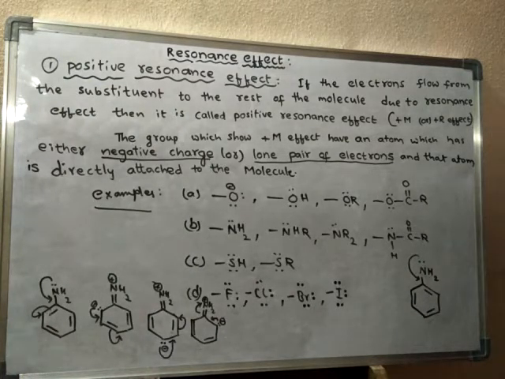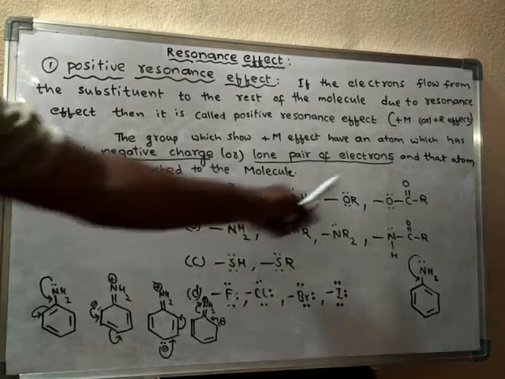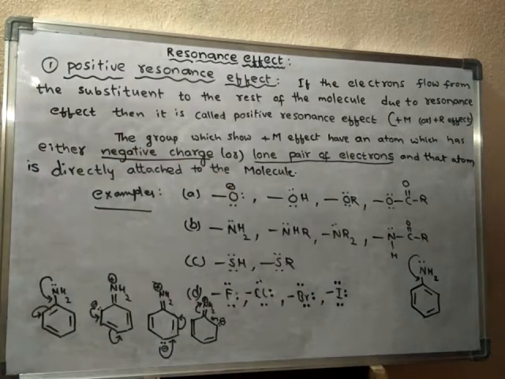That means these groups will give electrons to the rest of the molecule. Electrons will flow from these groups to the rest of the molecule.